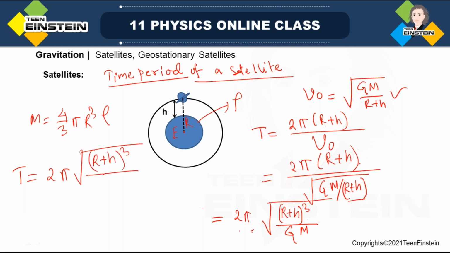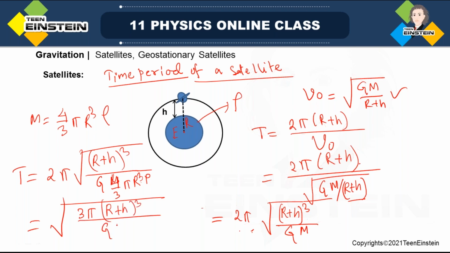(R plus h) whole cube divided by G M, and in place of this M we are writing 4 by 3 pi R cube rho. These are all happening inside the square root. If we keep this also inside the square root, this will give you 4, and this is pi square, so 4 pi will be cancelled. You will get 3 pi in the numerator, and then (R plus h) whole cube divided by G R cube rho.